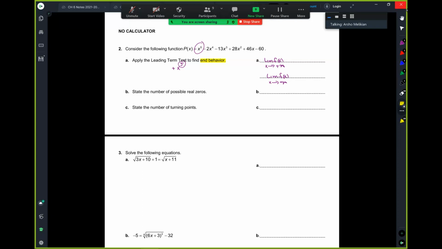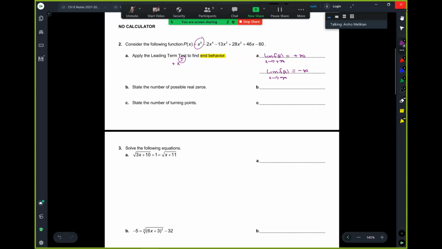Okay? So here, this is positive and it's an odd power. That means it goes up on one side, down on the other side. And if it's positive, that means it goes up on the right side and down on the left side. You guys remember that from before?